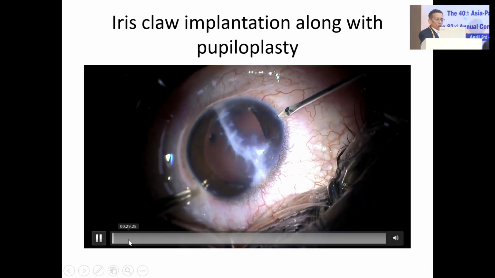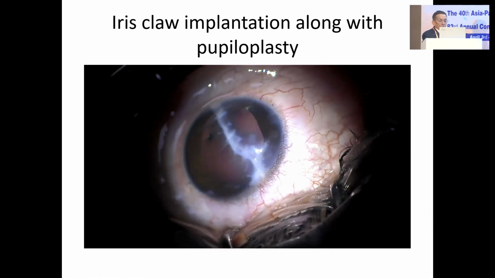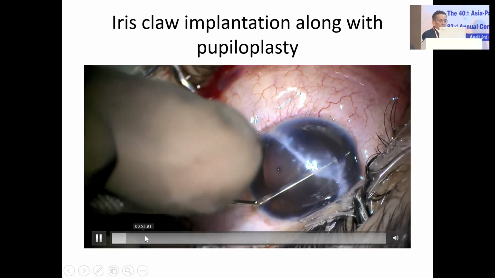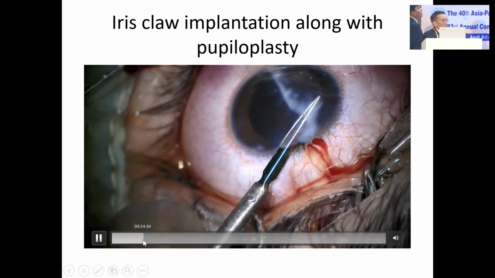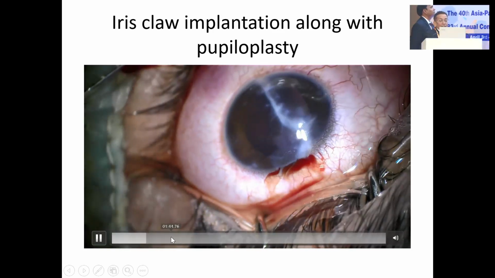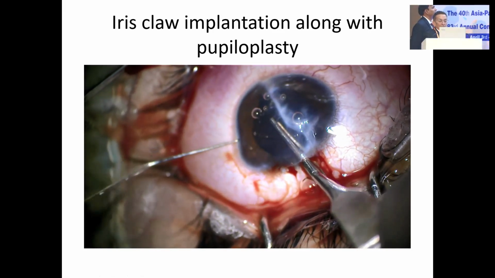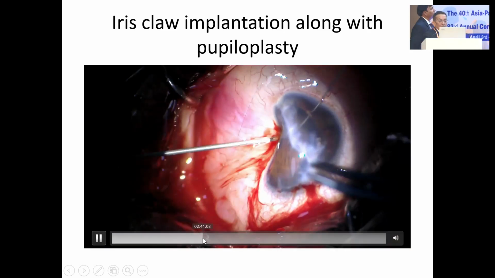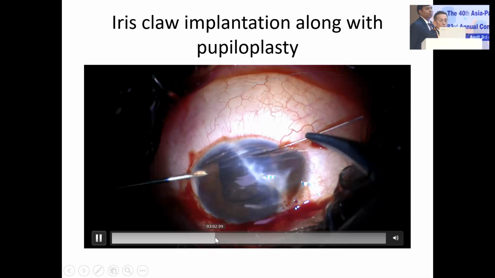In the same way, here is a short video of a traumatic cataract. Same view. I will skip the glued IOL because time is short. Separating the wound, cutting the adhesions, enclavating the iris claw, and then making the pupilloplasty.